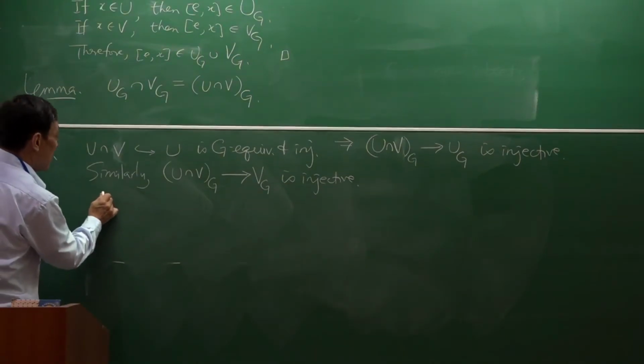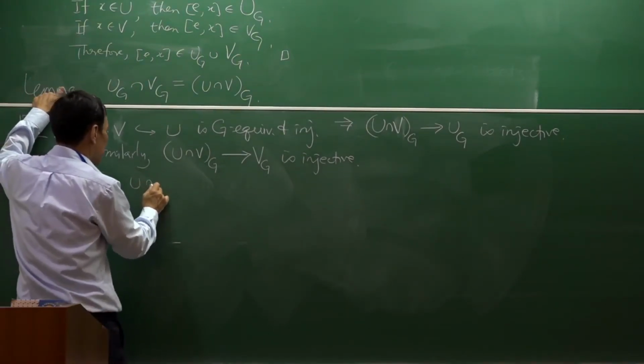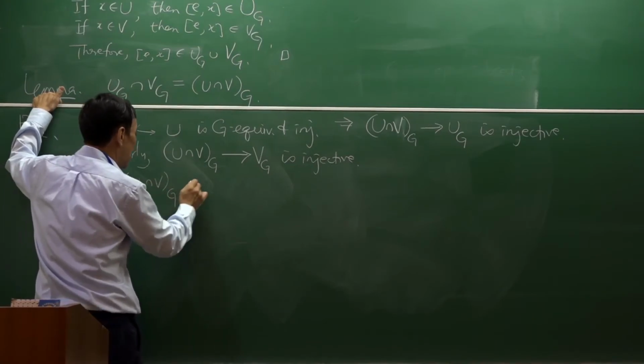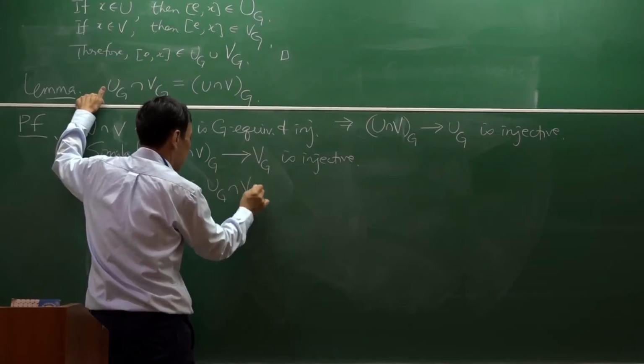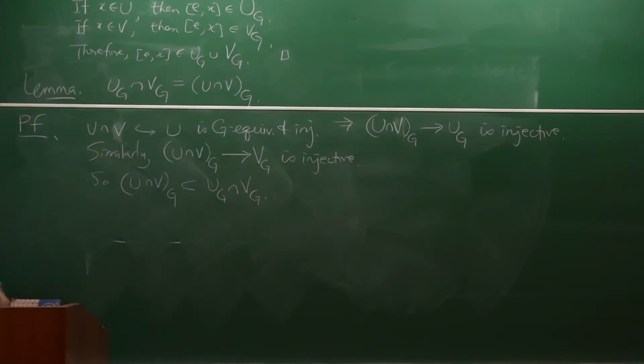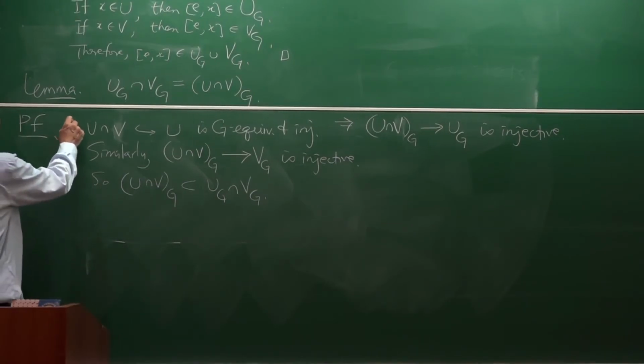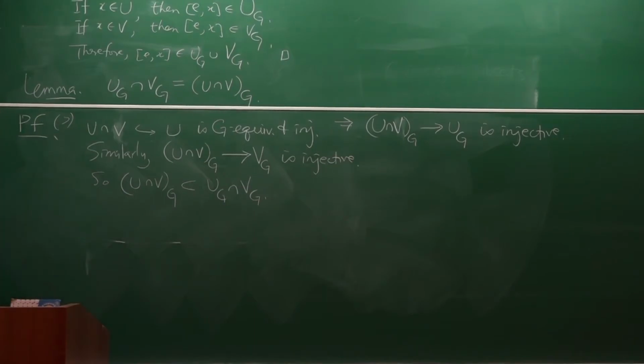And so (U intersect V)_G is included in U_G intersect V_G. So that proves one direction. And then we have to prove the other direction.